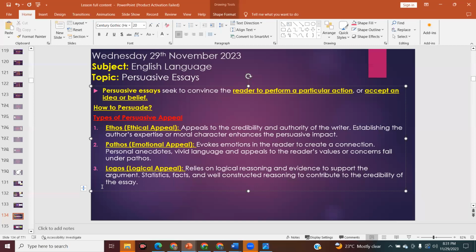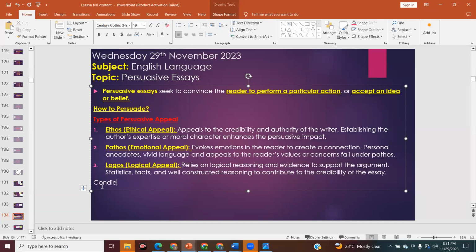So when I say a counter argument, that means not only are they focusing on their point of view, but they might talk about what other persons might believe, or what other persons might think concerning what they're saying, right? We call that addressing counter arguments. So, consideration of counter arguments.